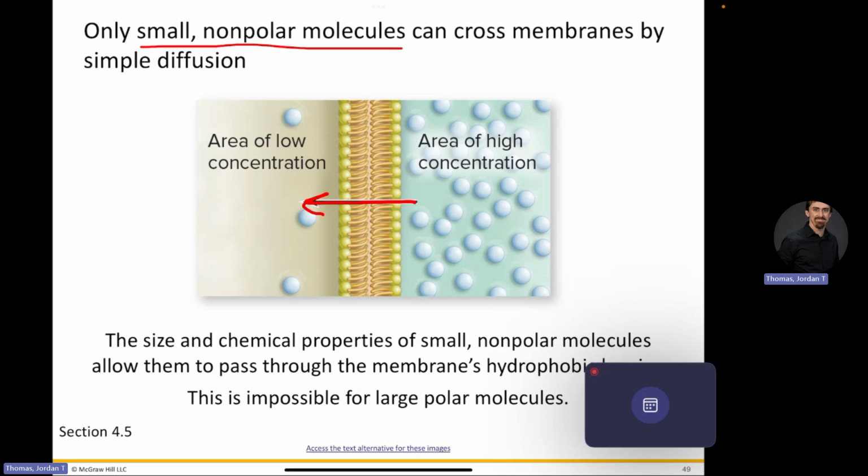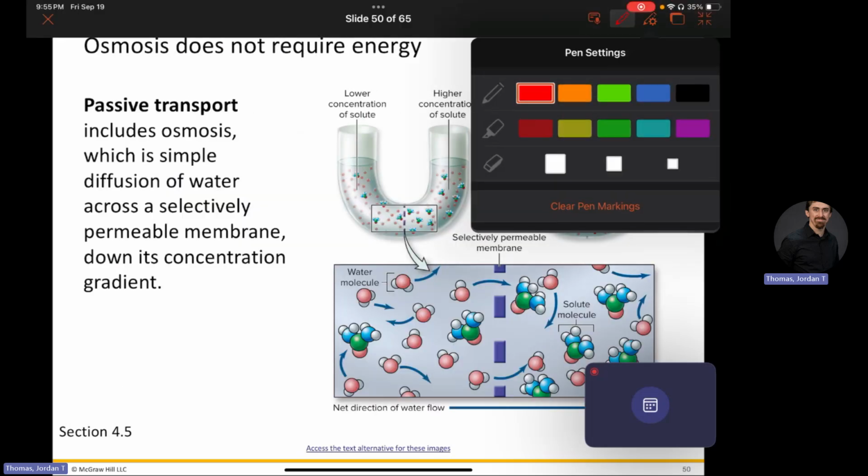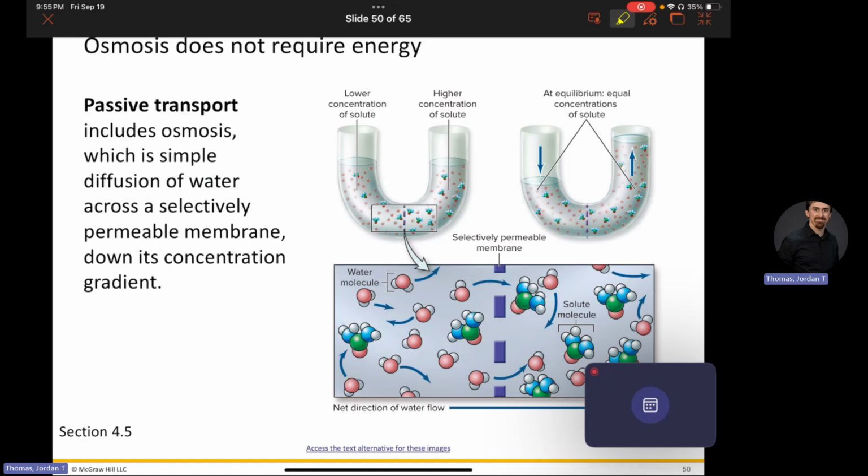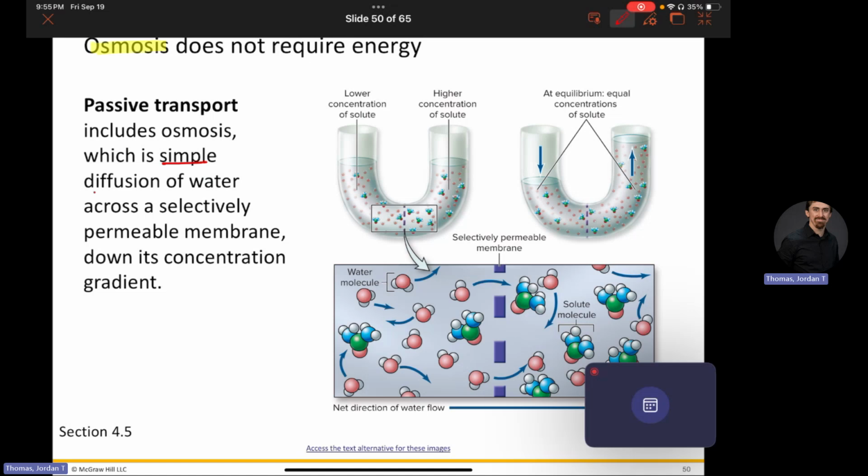Now, another type of passive transport. This is a special one. It's called osmosis. Osmosis is the simple diffusion of water across a membrane. And remember, it's passive transport, going from high to low.